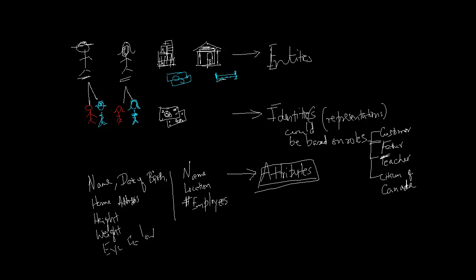These attributes of an entity could be used to recognize an identity. It's also possible that the identities could have a different set of attributes than the entities. But without having to dive into those details, what we do within technology systems is to have some kind of correspondence, some kind of relationship between identities and the attributes that describe that identity.